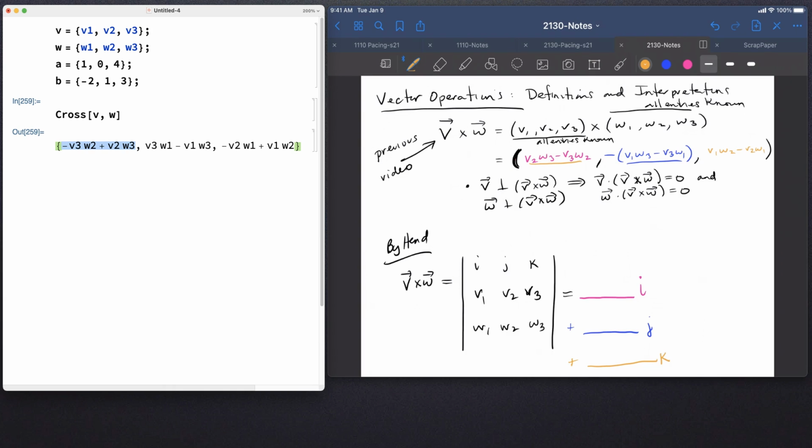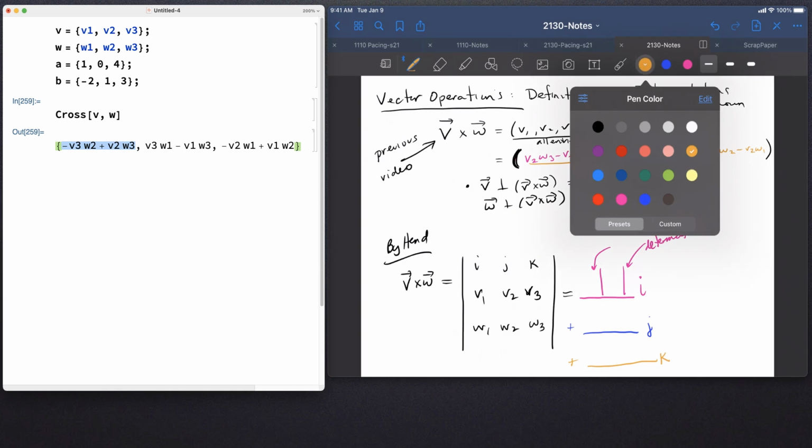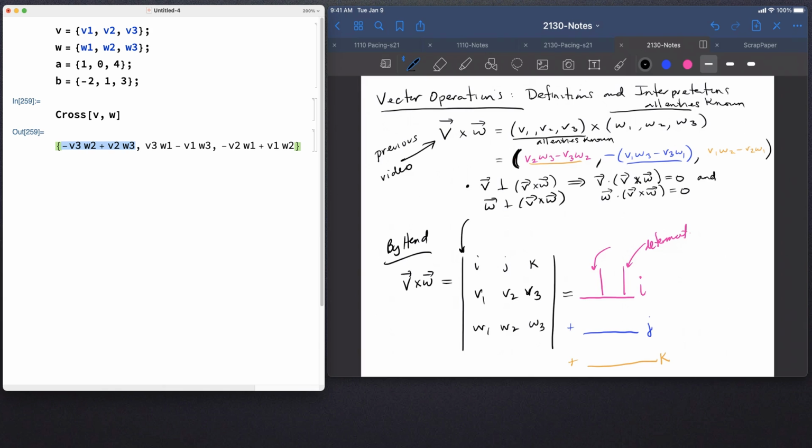And the easy way to figure out what goes here is a determinant of a smaller matrix. So here, the notation, the vertical bars around this block of numbers is called a determinant. This is the determinant symbol.